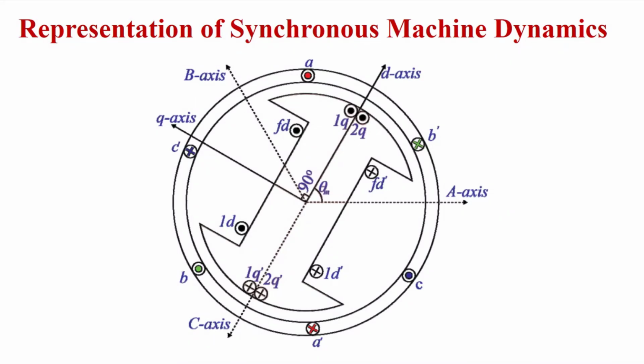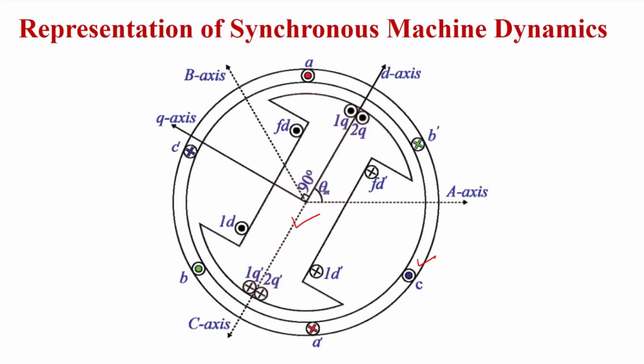This is the armature core outside, and this is the field core. In the armature core, we have the armature windings. Because we have three-phase distributed winding, it is arranged so that the axes of the phases are 120 degrees apart from each other.